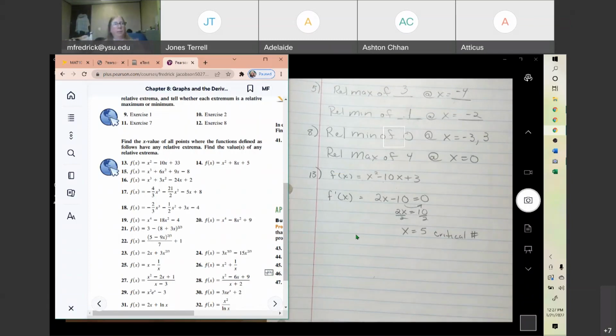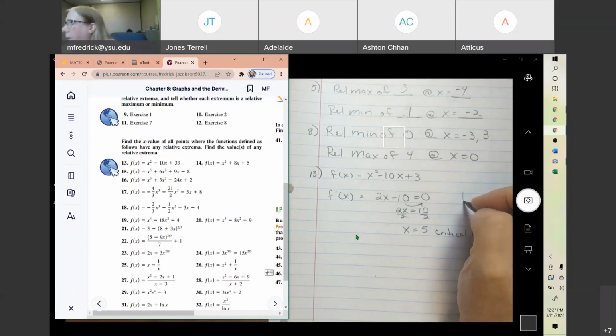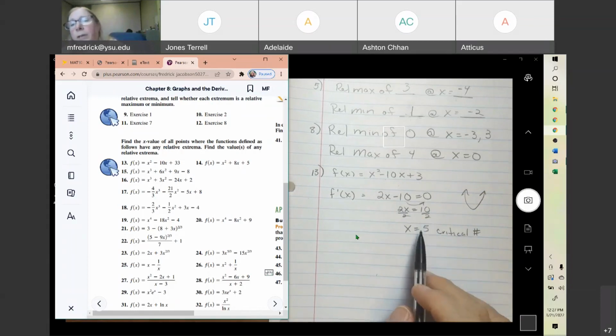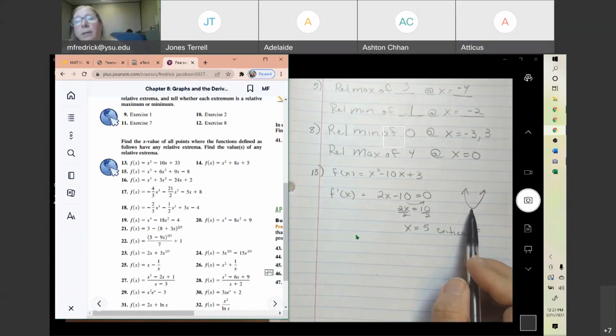Well, is it a max or a min? Well, one thing, if you know your graphs, we know that the original x squared is a parabola. And we know because the x squared is a positive 1 for A, that it's a parabola going up. So we don't even need to graph it. We know that this is a min. Because the critical number is where your increasing and decreasing change.